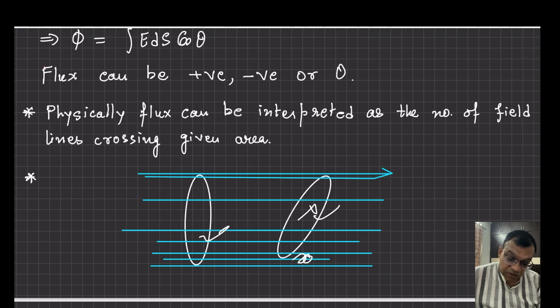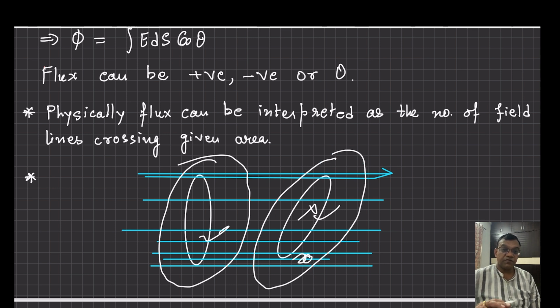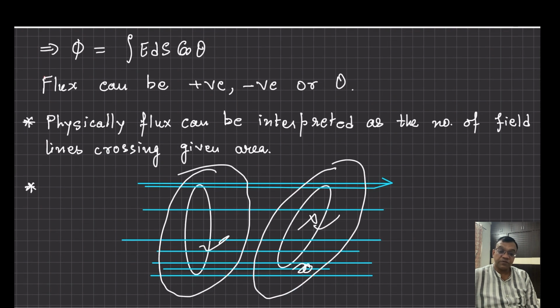It means the flux linked with this left surface is more than the flux linked with the right surface, even though both are of the same area. Understood my point? So that is why this unit normal area is going to make the difference.